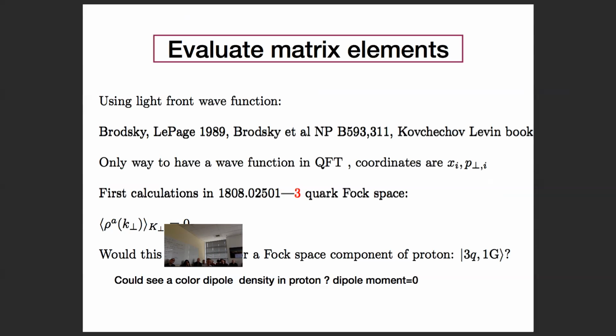There's a nice textbook type explanation of light front wave functions. And I think it's really the only way to have a wave function in quantum field theory is to use light front language, and I don't think people here know that. So in our first calculations, we use simply a 3-quark Fock space.